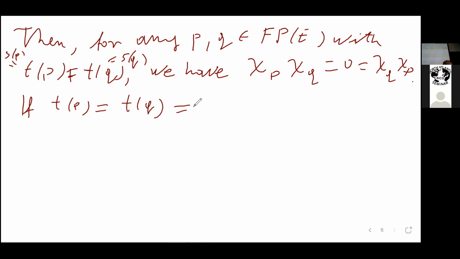Because we might have an edge which starts at a vertex and ends at the same vertex, and then you can wind around as many times as you want. So when P and Q start and end at the same vertex, it means that I'm taking exactly the same edge, which is a loop, but I can potentially take it to a different power. So this is what I explained to you before. Let me not write it right now.